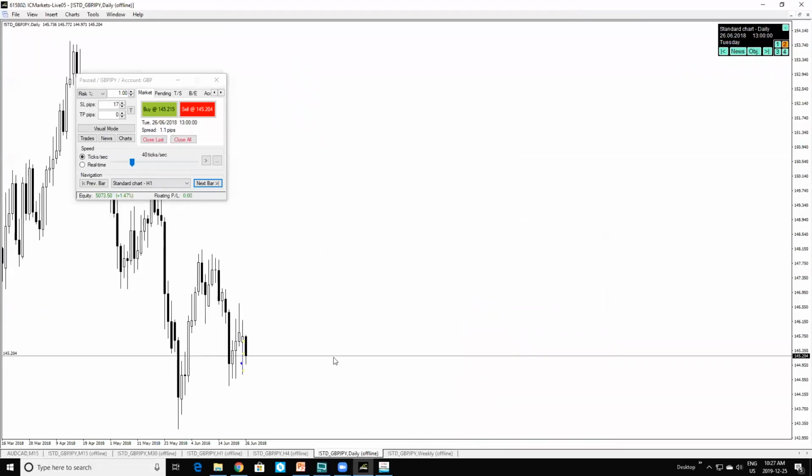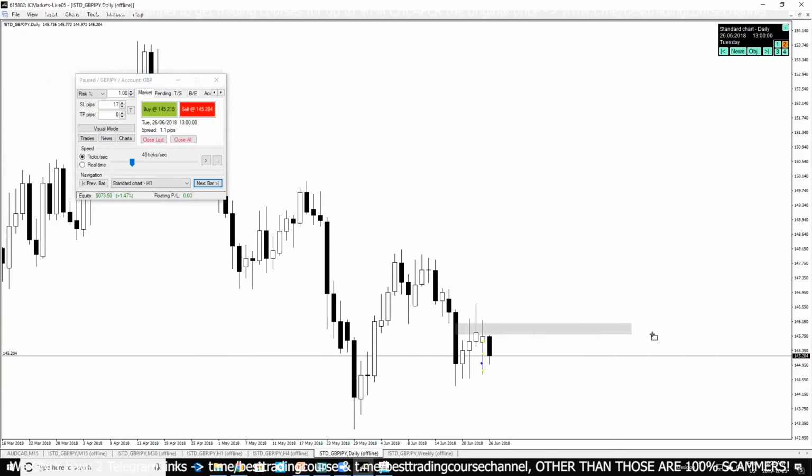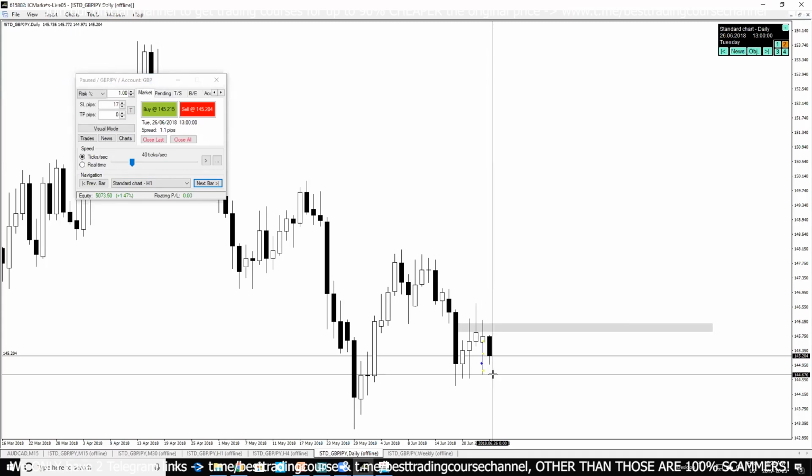So now we're going to start with the daily. When we look at the daily candles, it seems like they're creating some sort of a resistance here for a continued move down. So if they were continuing to move down, it should come down to 144.676, but we're not sure. We have to look at it in more detail on the 4-hour time frame.